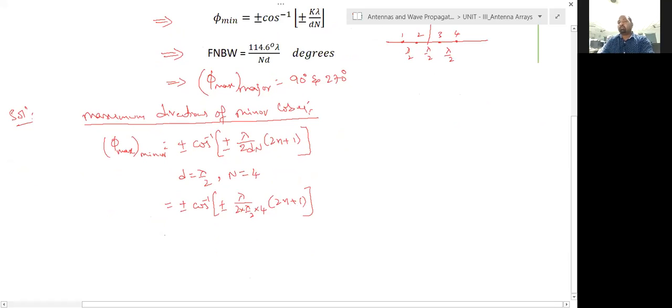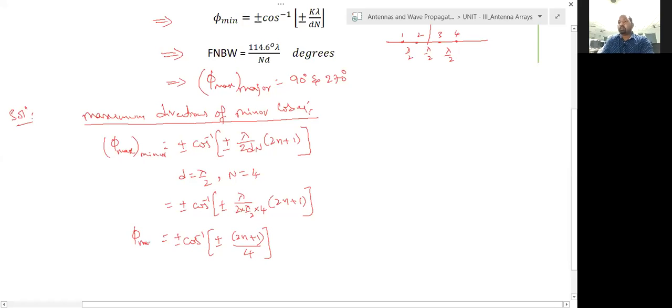Further simplifying, lambda and 2 get cancelled, and we are left with the expression over 4.